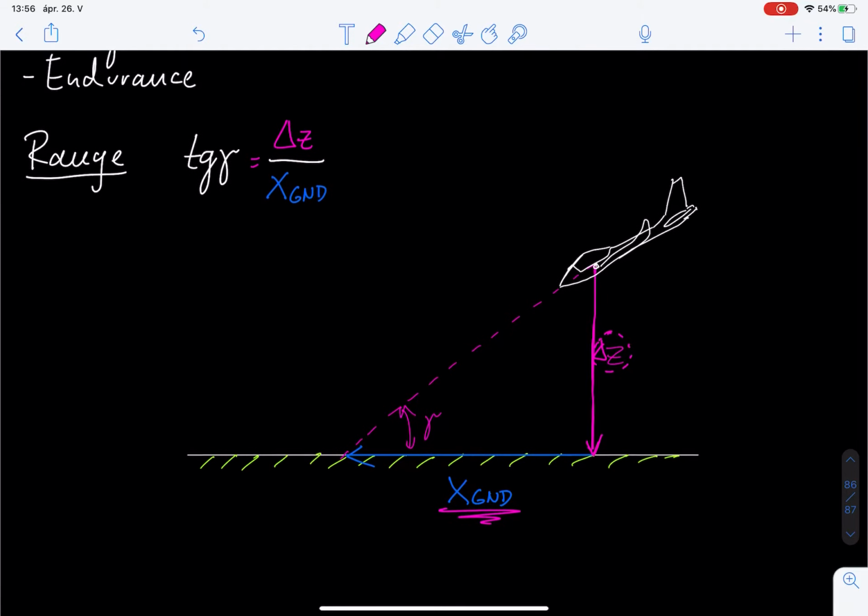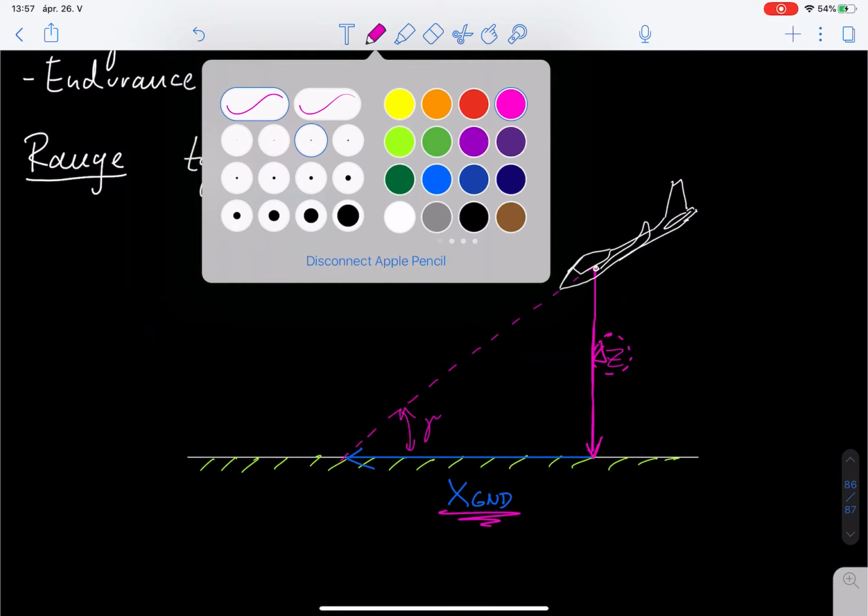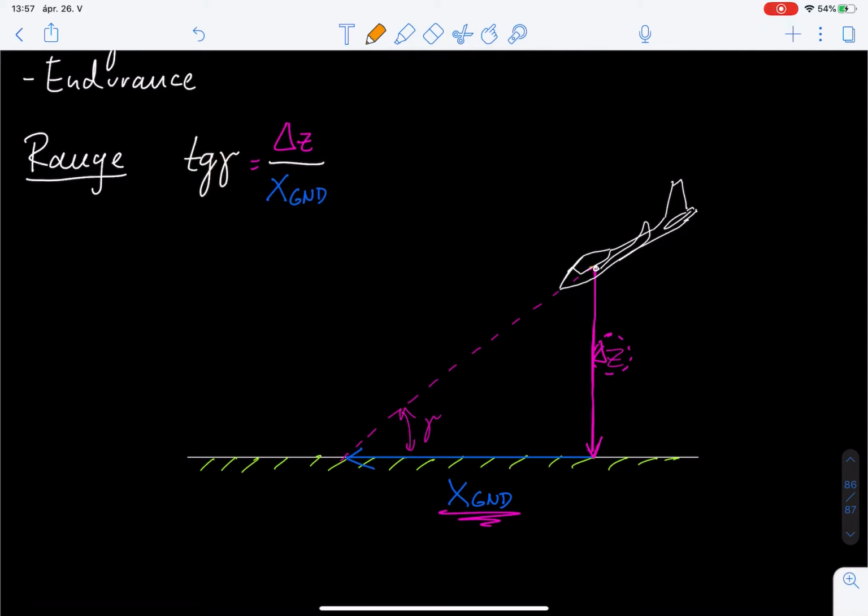And I think it goes without saying that it would mean in that case that the best range would occur exactly where this flight path angle is shallowest, right? Because what happens if from the same delta Z, from the same altitude, I would fly with a shallower flight path angle?